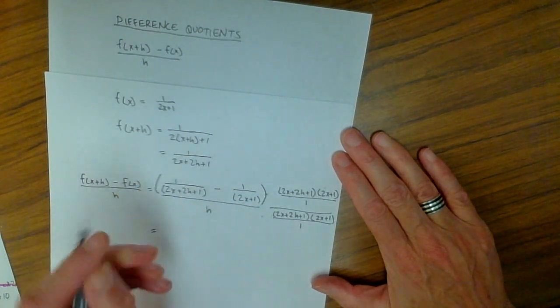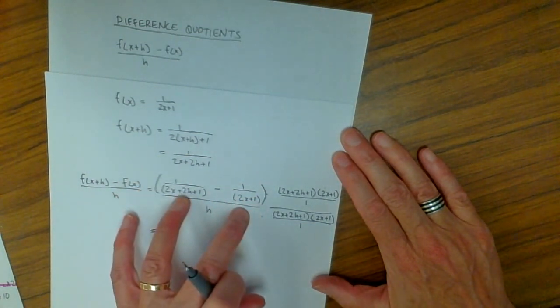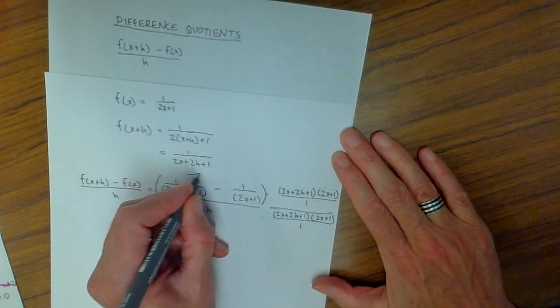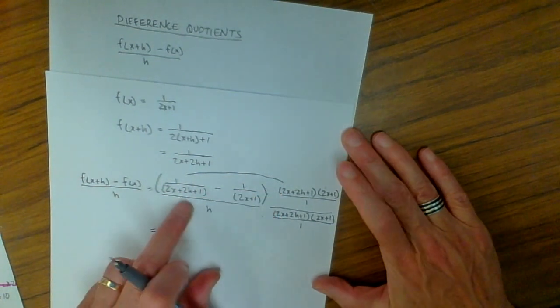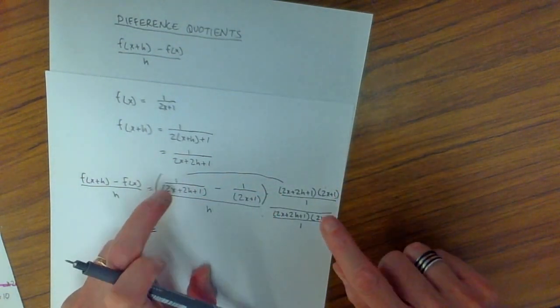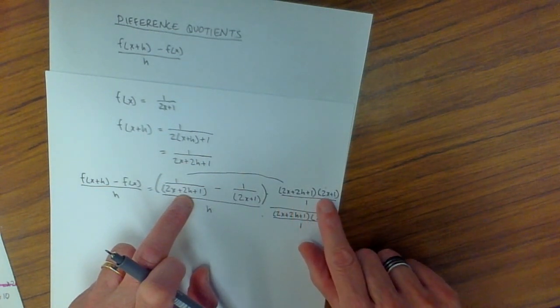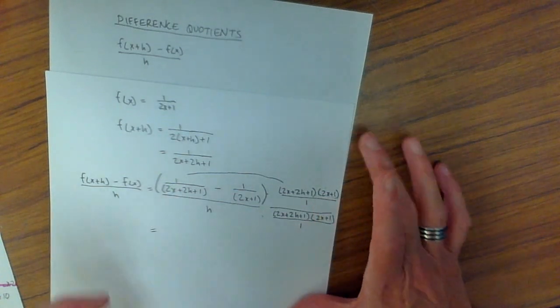Okay, I'm going to put this numerator in parentheses because it's 2 terms multiplied by this common denominator. Look what happens. When you multiply this times this, you get 2x plus 2h plus 1 times 2x plus 1 over 2x plus 2h plus 1.